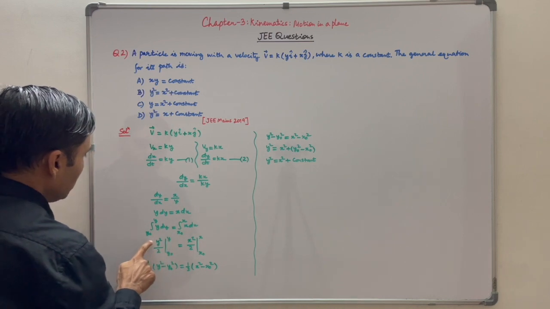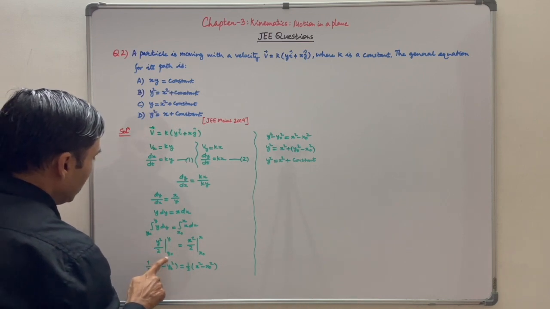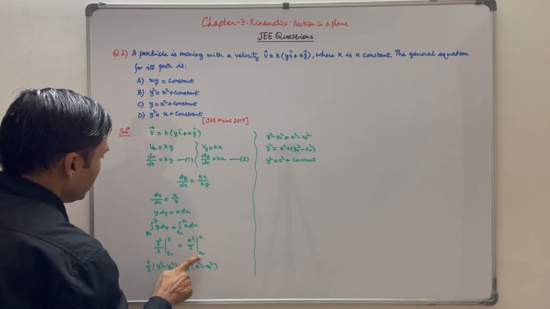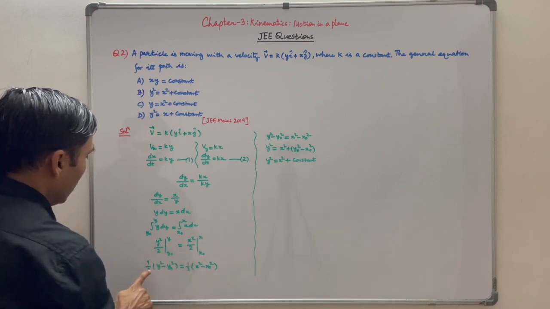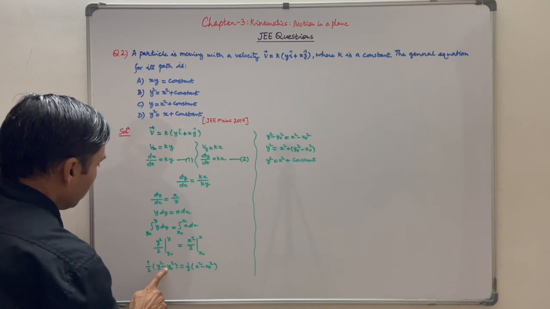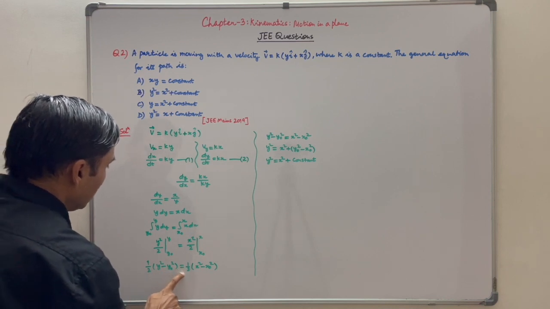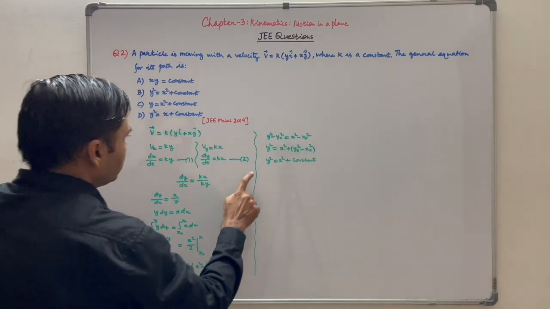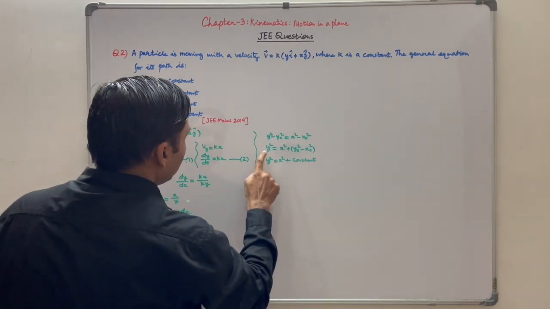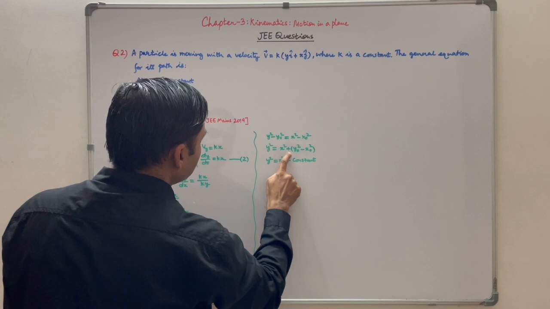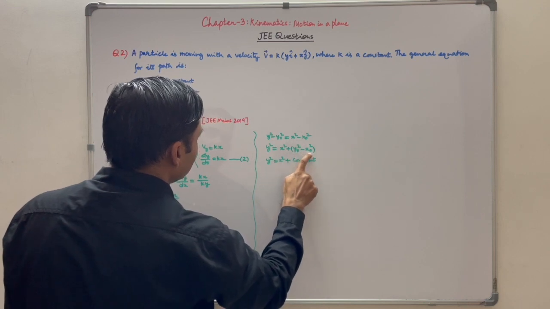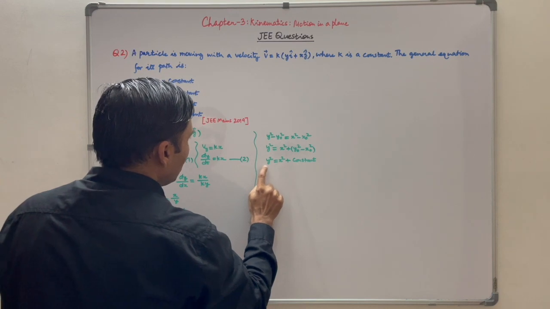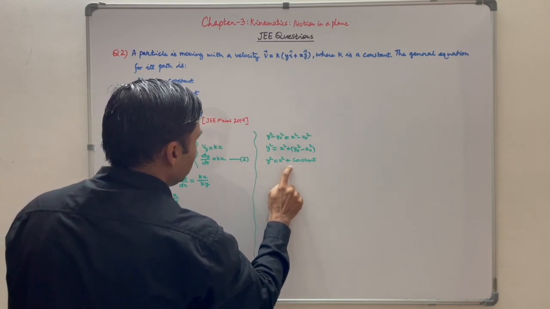So it comes out to be y square upon 2 within limits y0 to y is equal to x square upon 2 within limits x0 to x, or 1 by 2 (y square minus y0 square) is equal to 1 by 2 (x square minus x0 square). So it comes out to be y square is equal to x square plus y0 square minus x0 square, and this part is constant. So the equation is y square is equal to x square plus constant.